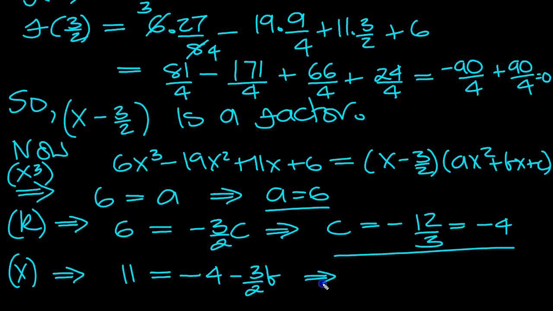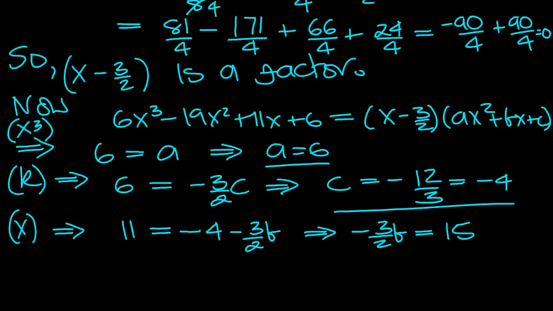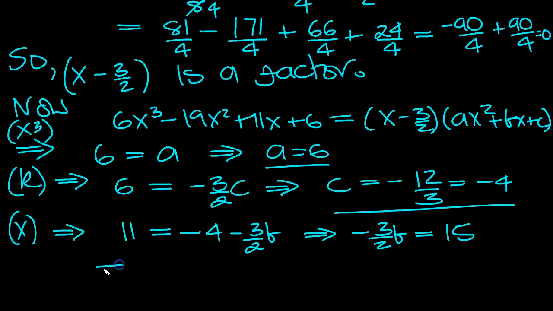So minus 3 over 2 b is equal to, move the 4 over, 11 plus 4, which is 15. Move the 2 up, so b is equal to 30 over 3, move the minus across, b is minus 10.